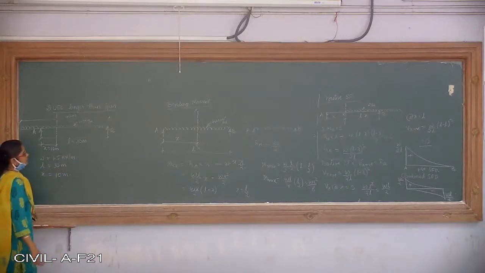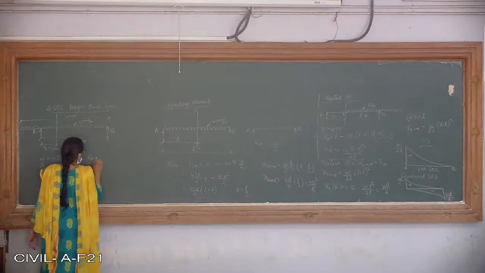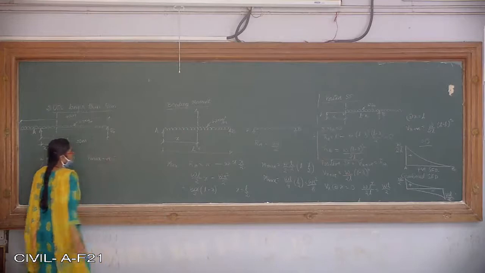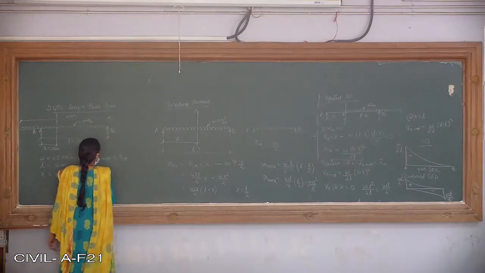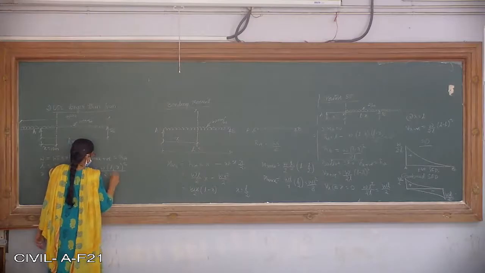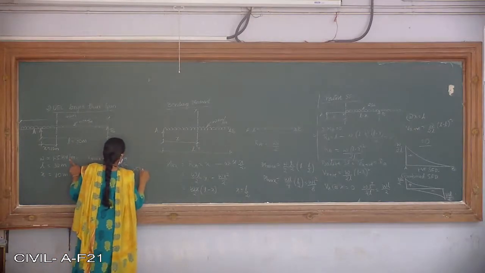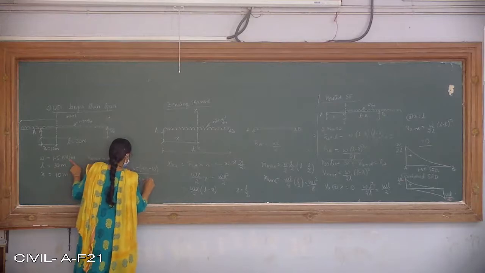So V max positive is equal to Ra, which is equal to W into L minus X whole square by 2L, that is 1.5 into 30 minus 10 whole square divided by 2 into 30.